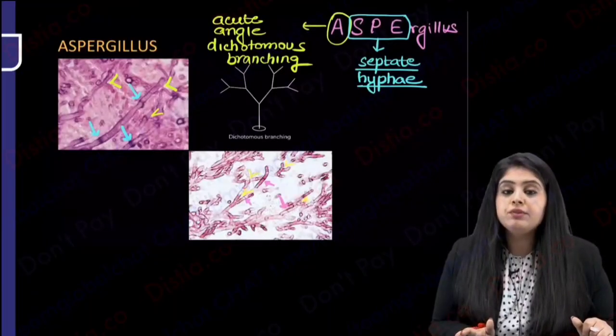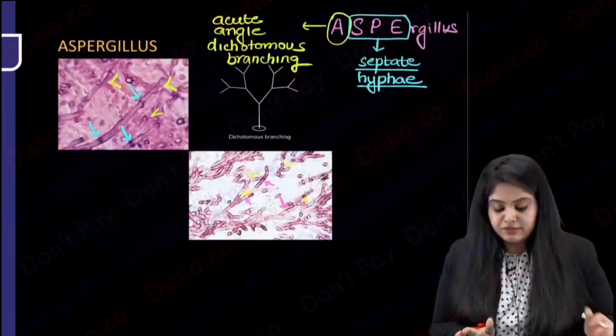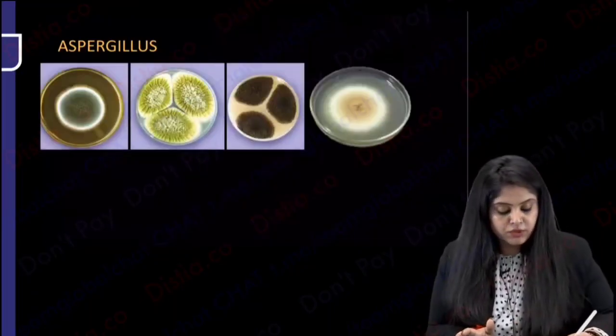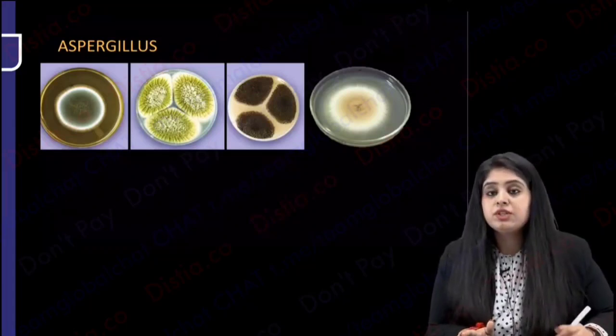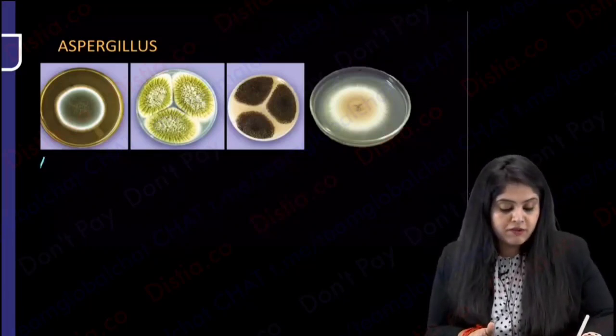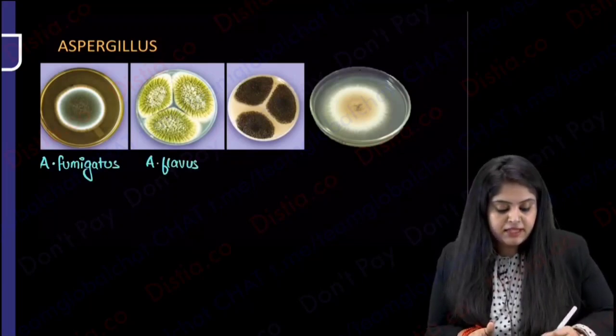Now you need to know how it is going to look under the culture plates. First I'll tell you the 3 main Aspergillus species that you have to know. This is Aspergillus fumigatus, then Aspergillus flavus, then Aspergillus niger.